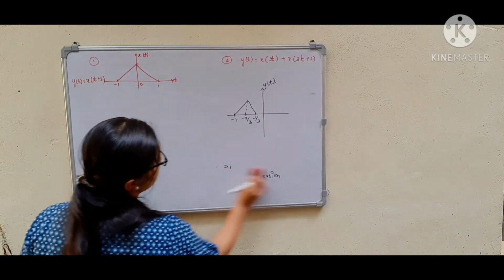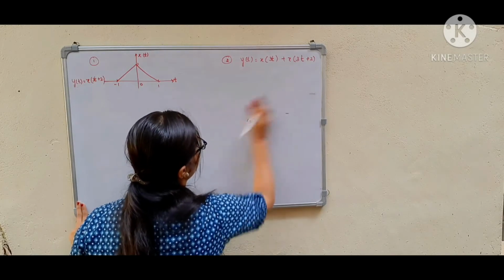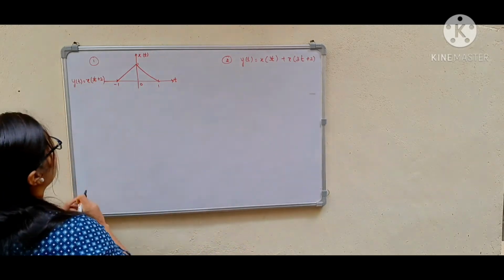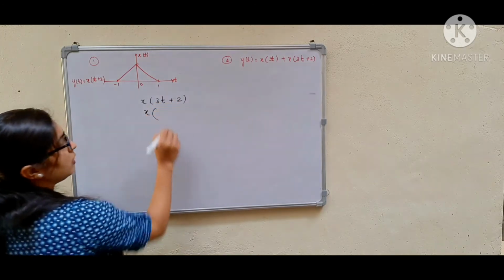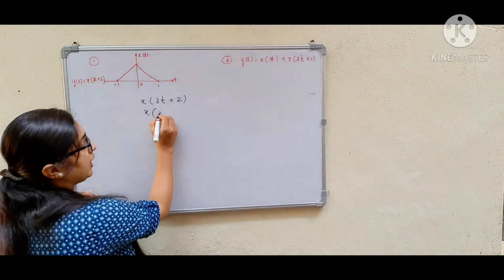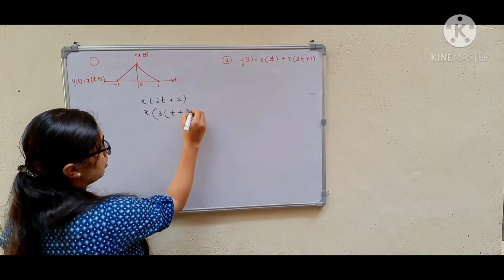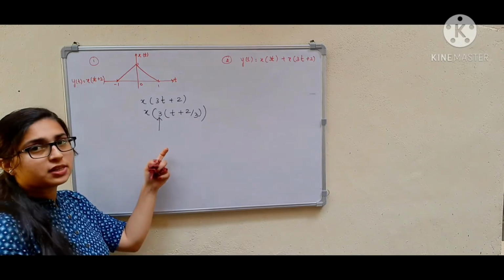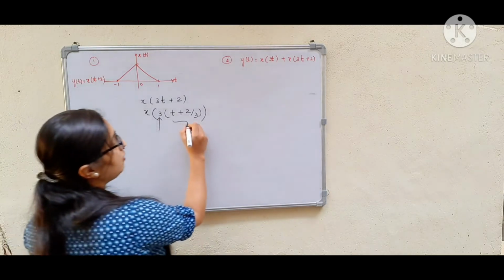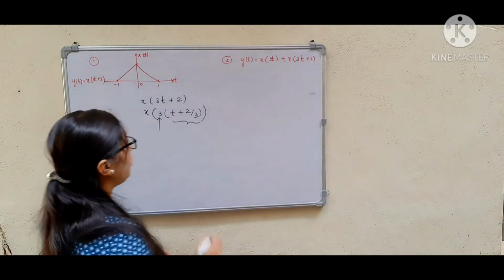Let us solve this by the second method, that is coming from left to right. For x of 3t plus 2, in the second method we will take the coefficient common and perform the scaling first, and then go for the shifting operation.